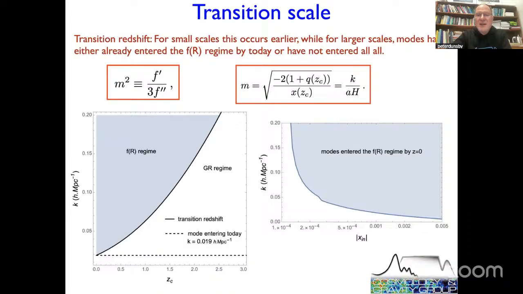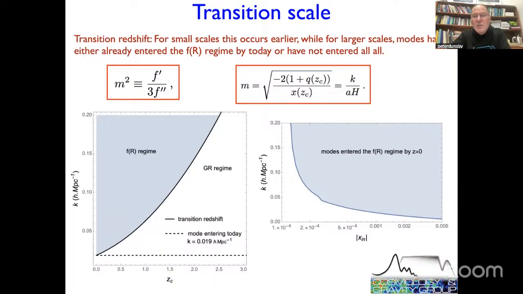Here you can see that if you take x to be of order 10 to the minus 4 initially, then the modes are essentially behaving like they would in general relativity. None of these modes will have had time to enter the f of R regime. Essentially you're making the theory so close to general relativity that you won't detect any differences from general relativity when you look at the growth of structure.